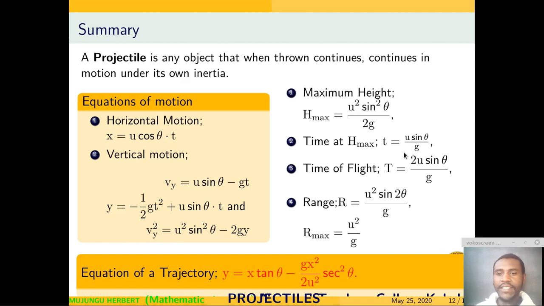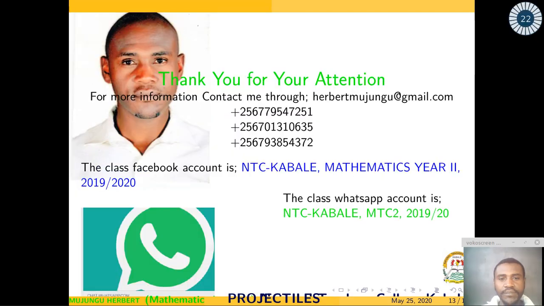Time of flight is twice the time at maximum height. Range, we have u squared sine 2 theta over g. Then lastly, the equation of trajectory, which you must prove, which I've left for you; you can discuss and consult where necessary.